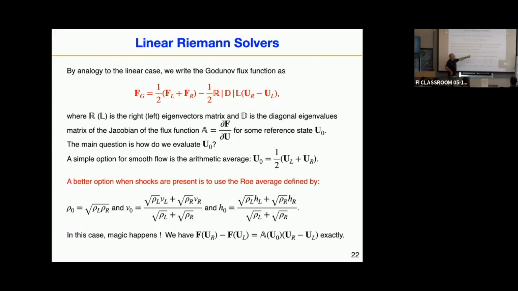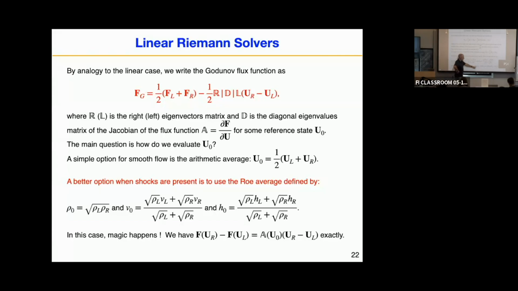So there is a simple strategy, which is to take the arithmetic average, right? And that kind of works okay, but it's kind of unstable in certain solutions. But there is a technique called the Roe average, which is the Roe matrix. So instead of using this average, you use this average. Kind of weird. Why that? Well, because there is some magic happening.